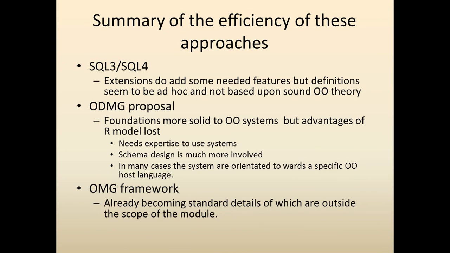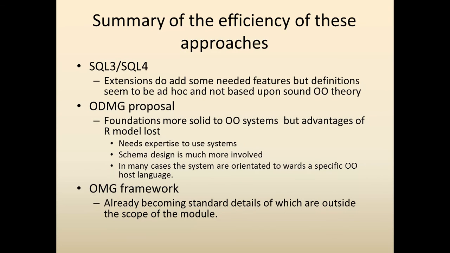Now come to the summary of the efficiency of these approaches. SQL 3 and 4, these are the extensions to add some needed features, but definitions seem to be ad hoc and not based upon sound object oriented theory. In the ODMG proposal, foundations are more solid for object oriented systems, but advantages of the R model are lost.